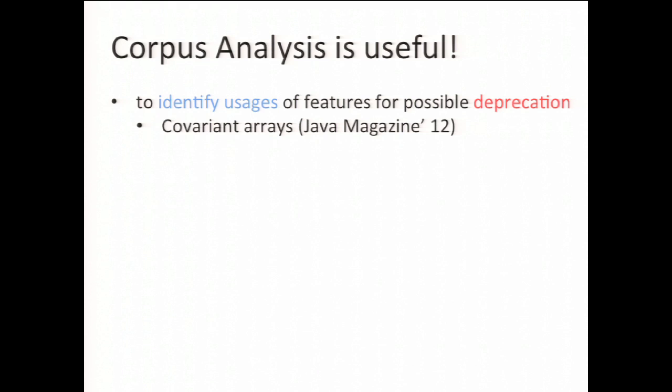Also, I think Raoul did work on this specifically to identify if there are unused or very lightly used features that we can possibly deprecate. That would be very helpful, having a corpus to do that analysis for us.